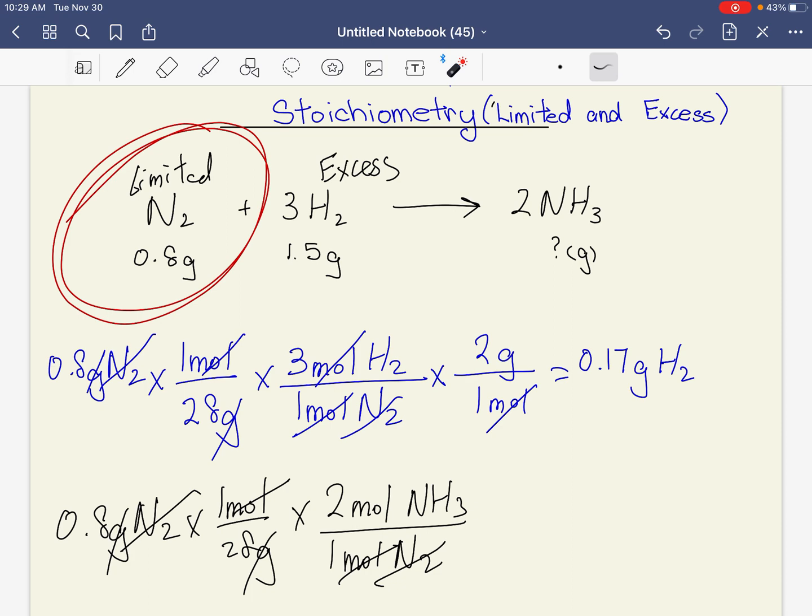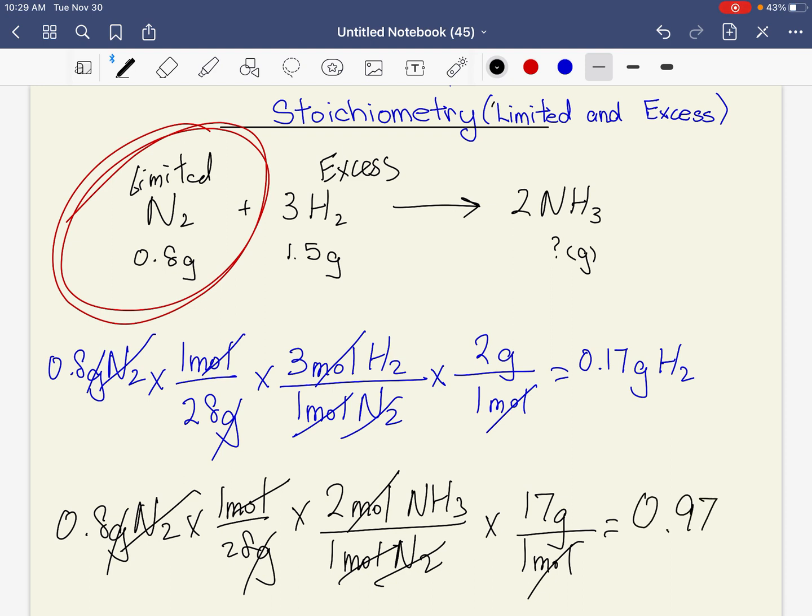So I'm looking for mass of NH3, right? So I need one more step. For every mole, I'm going to make 17 grams. So moles and moles cancel. And my answer is 0.8 divided by 28 times 2 times 17. My answer is 0.97 grams of NH3.